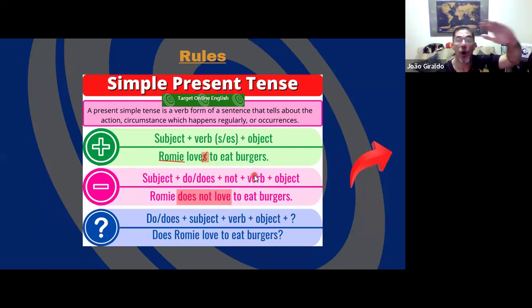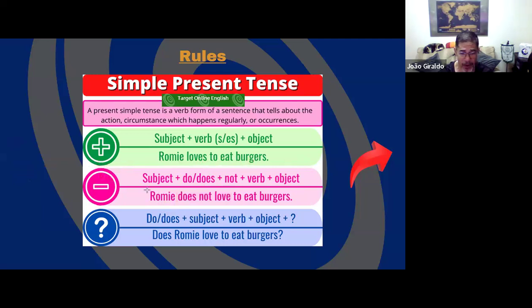Your verb in original form, in infinitive form, no variation, because I have the use of the auxiliary. And you continue with the object or the complement, okay? So my sentence in affirmative: Romy loves to eat hamburger, okay?